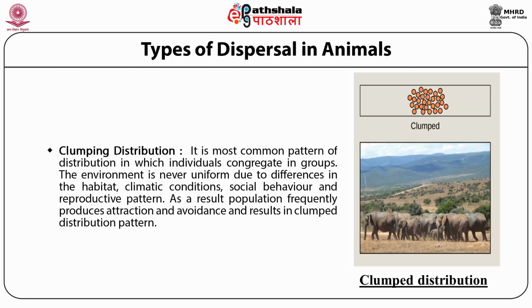The environment is never uniform due to differences in the habitat, climatic conditions, social behavior, and reproductive pattern. As a result, population frequently produces attraction and avoidance and results in clumped distribution pattern.